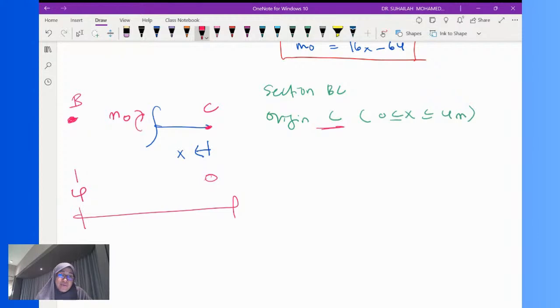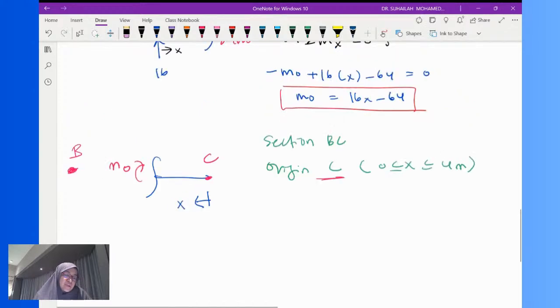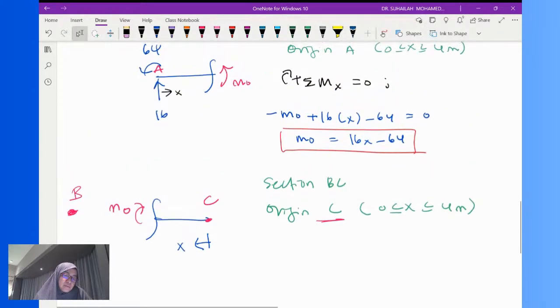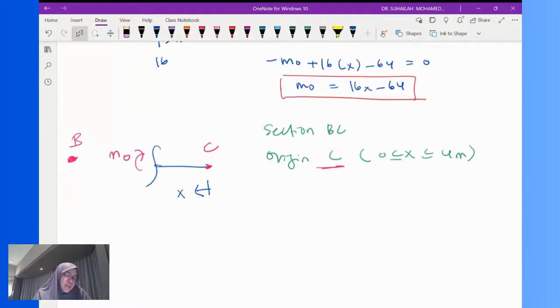The distance is 4. That is why we write from 0 to 4. It is actually equivalent to the distance. Okay, this M is equal to 0.